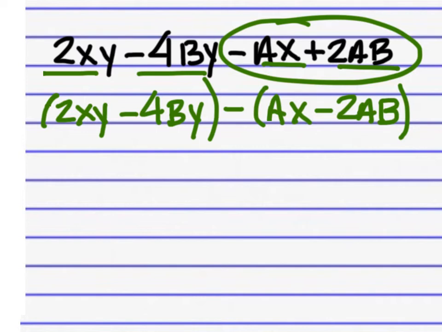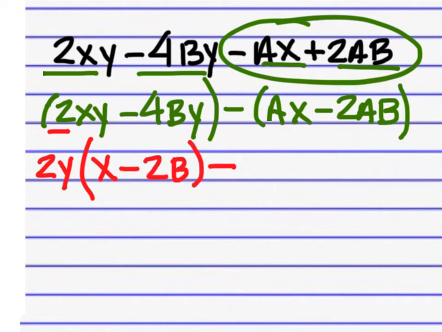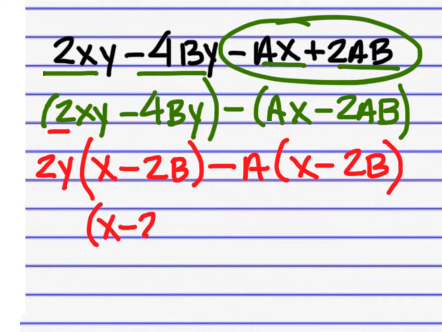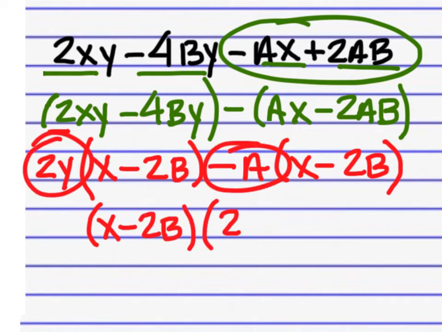Okay, next up, I can get out a 2 and a y from the first set, and that would leave me with x minus 2b. Over here, I can take out an a and nothing else. That leaves me with x minus 2b. So I have x minus 2b and then 2y minus a.